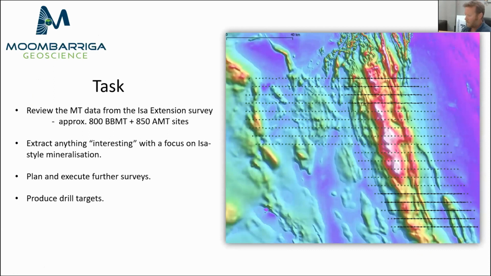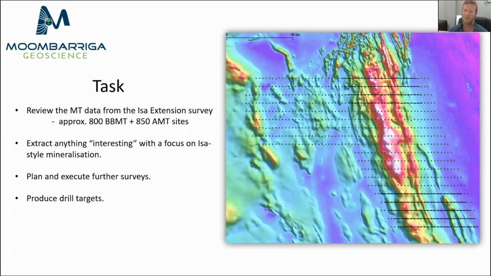So my client Tim wanted to do something a bit risky. Obviously had a bit of money to spend, so he gave me the task of going through all the MT data and trying to pull something interesting out, hopefully a Mount Isa style feature, and then possibly chase it up if we could find anything.